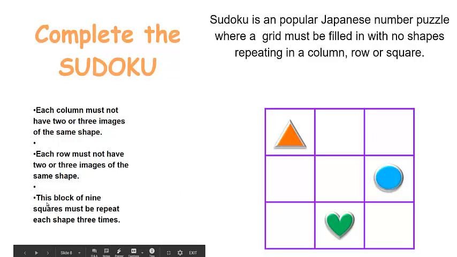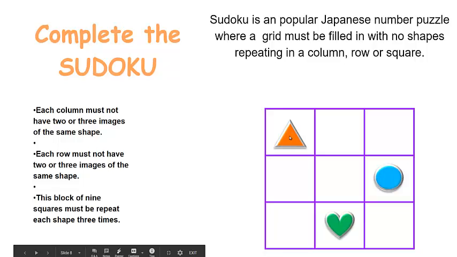And the last instruction says this block of 9 squares must repeat each shape 3 times. When you're working in the activity, for example, this little Sudoku needs to have just 3 triangles in the squares.